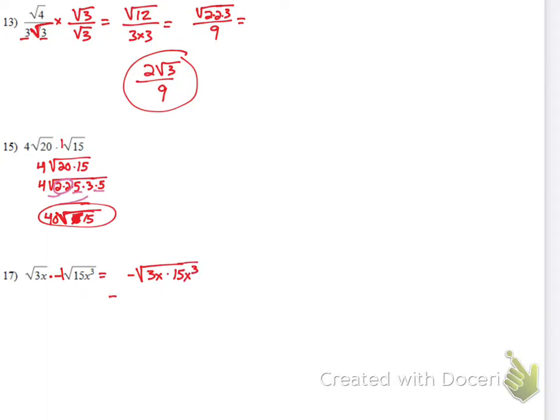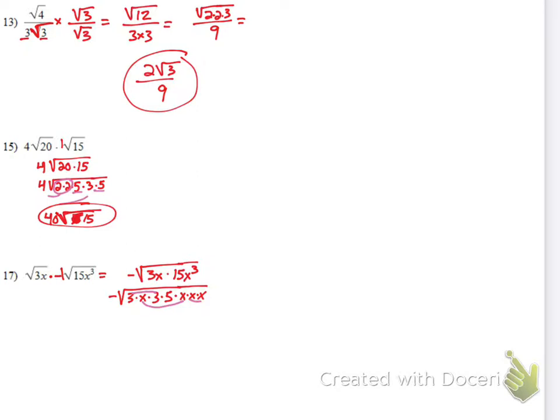So I have a negative 3 times x, and then times 15 is 3 times 5, and then there's 3 x's. So now I see that there is a pair of 3's, there's a pair of x's, and then another pair of x's. So I bring that out.